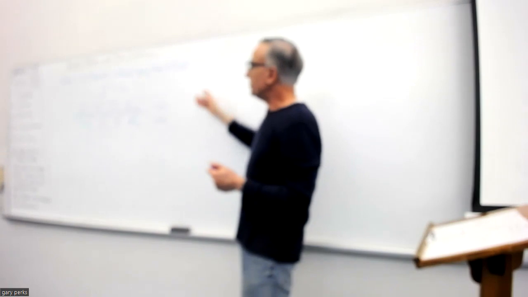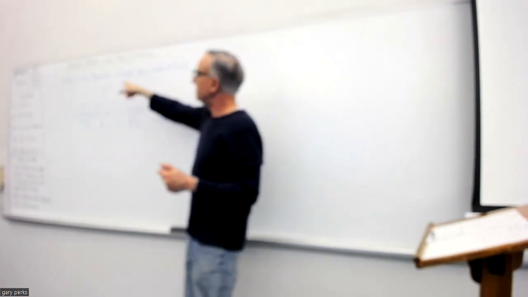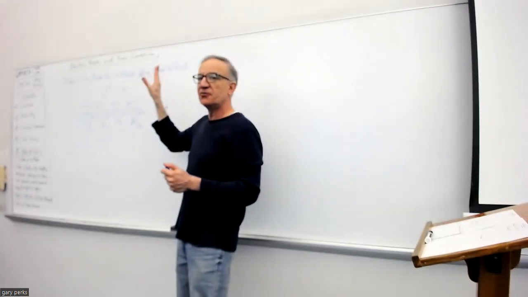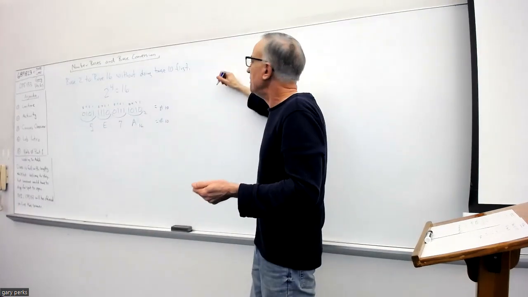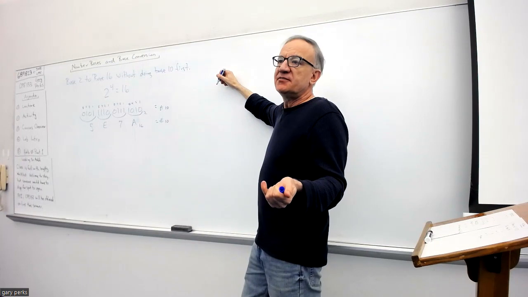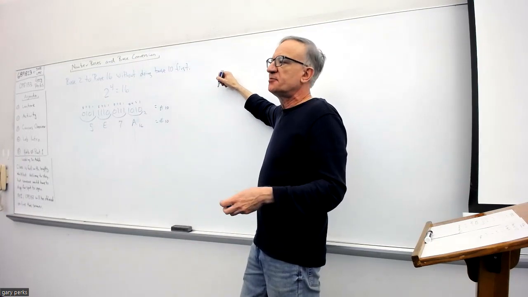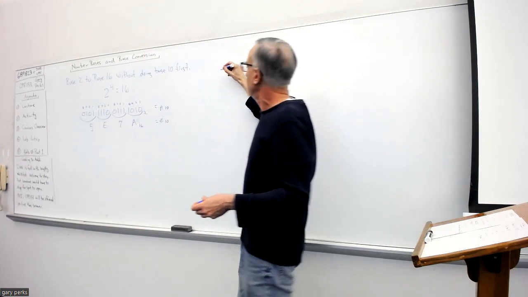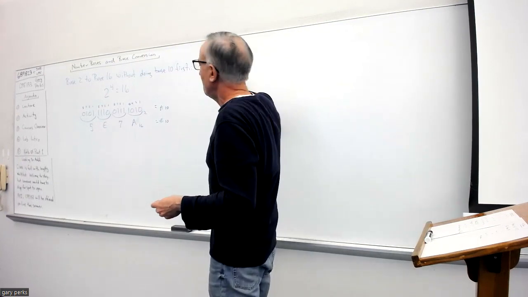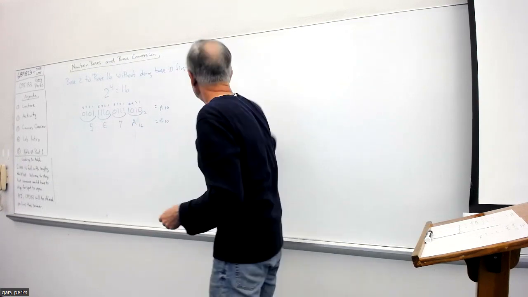Now, you can also go the other direction. This is base 2 to base 16 without going through base 10, but we can go the other way also. Give me a hexadecimal number. Let's say 4 characters. Don't give me the same one. Give me something good.